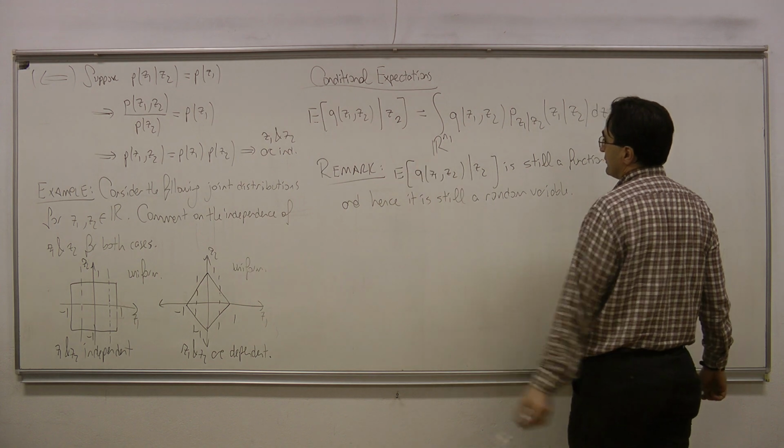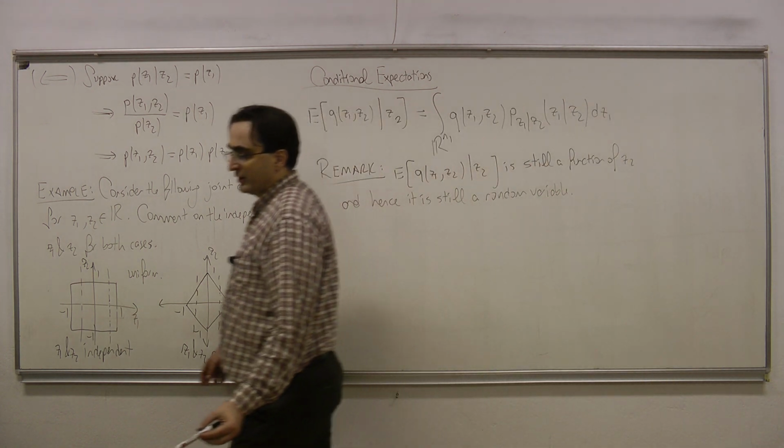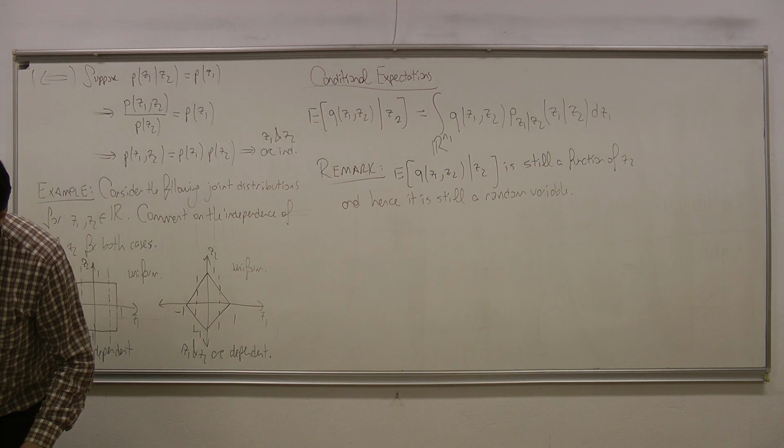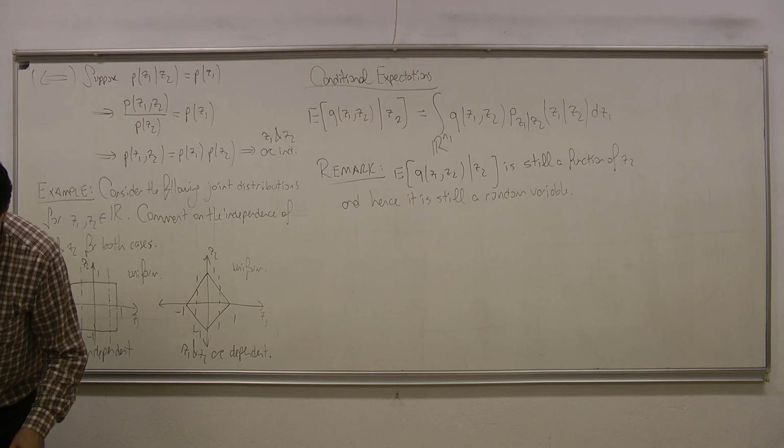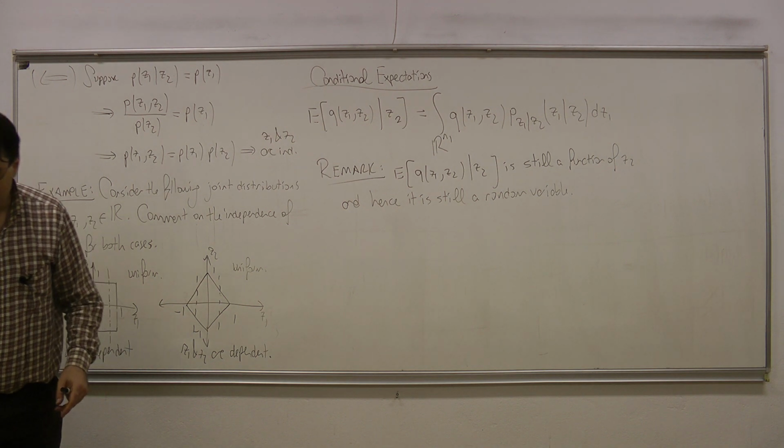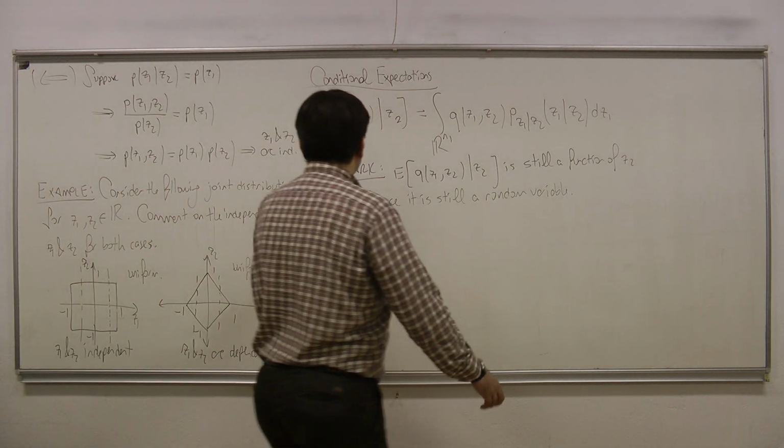That means this is still a random quantity if I don't specify Z2.